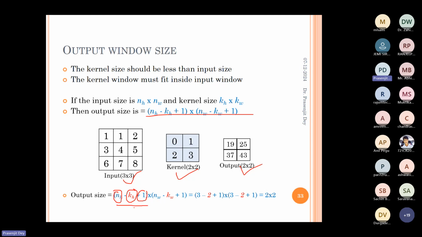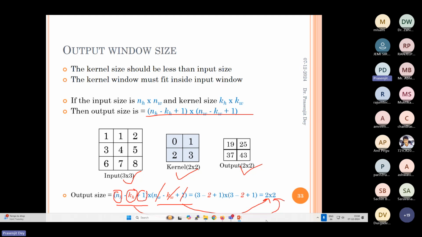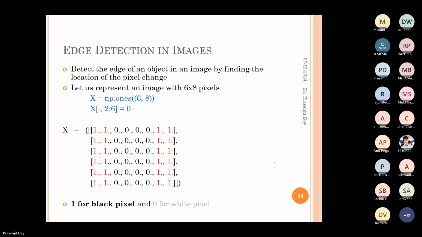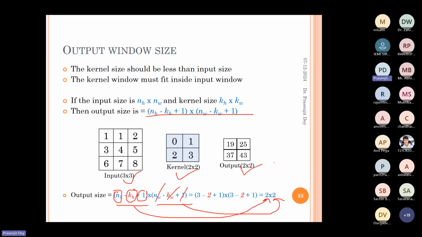This will be the size of the output height. Similarly, this is the input width minus kernel width plus 1, and it will represent the width of my output. Am I clear? So we are losing the resolution of the output window. That is one limitation that can be resolved by the padding technique that I will discuss later.